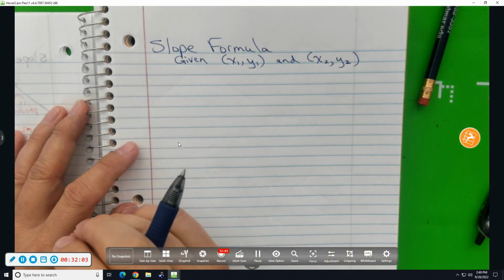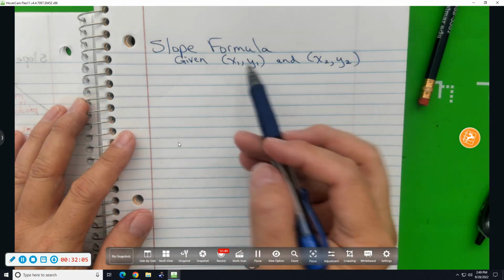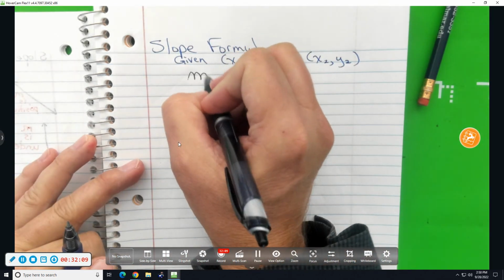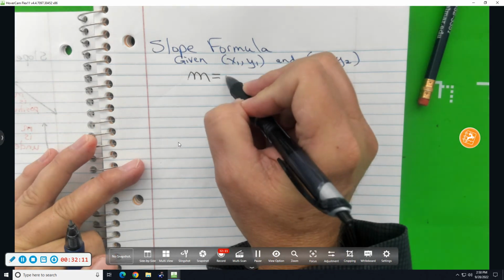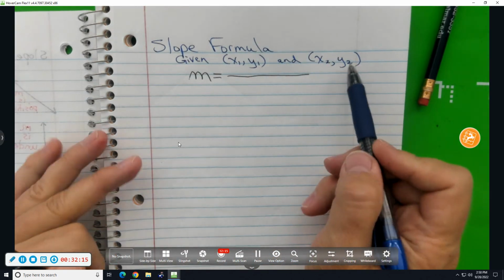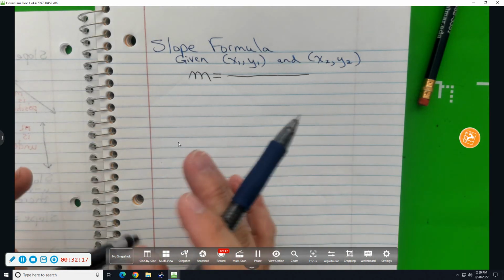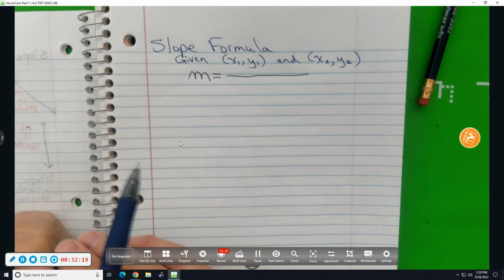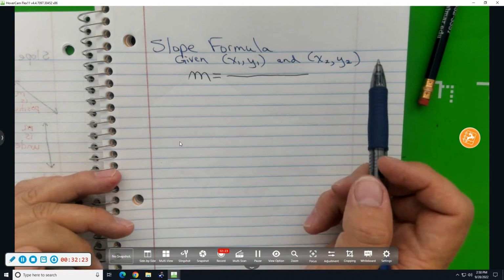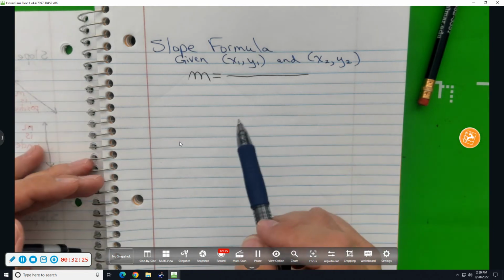Then the slope of the line passing through these 2 points is given by M equals: you subtract the Y values in any order on top, that gives you the rise, and then you subtract the X coordinates in the same order, that gives you the run.